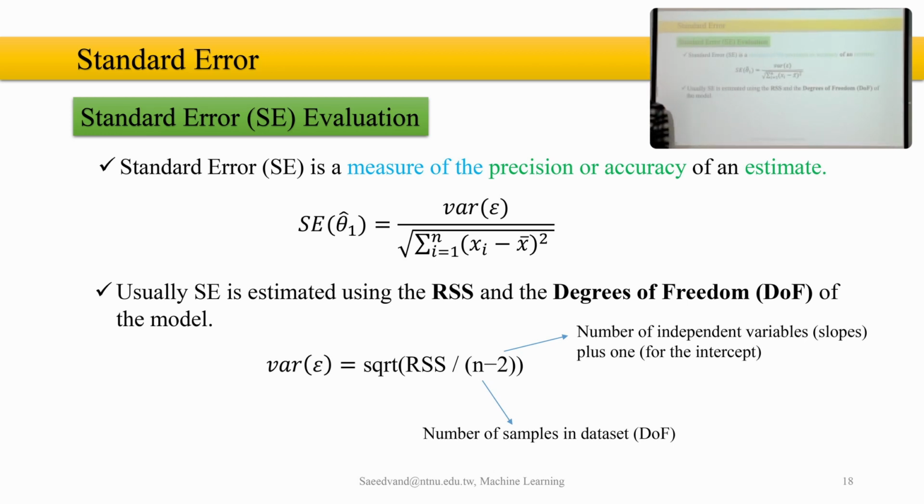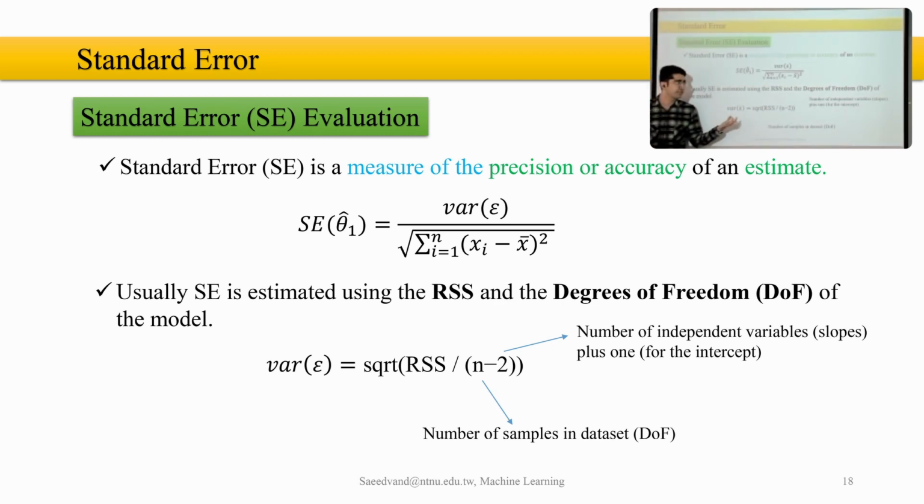So usually standard error is estimated using the RSS and degrees of freedom in the model. That's how this is happening. You may say, okay, we said that the variance of the error, we don't have it already. The epsilon, we said that we try to ignore it, but standard error tries to consider that too.